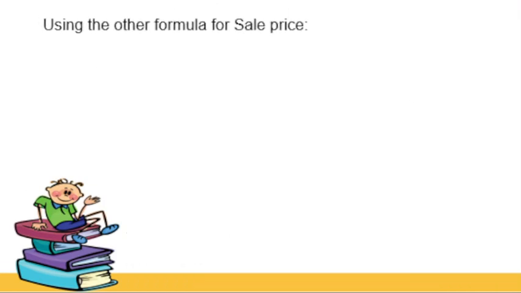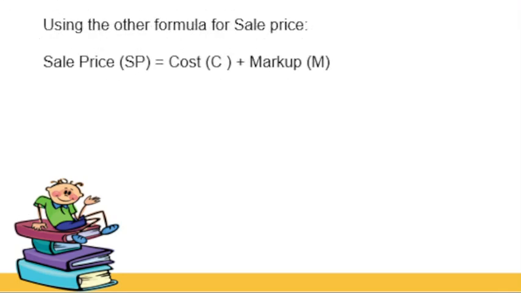Okay, so this time using the formula of sale price, so we can get now the selling price of the plastic bottle. So that is the SP is equals to C plus M, the cost plus M. So how much is the cost? So that is 50 pesos, and the markup is 4 pesos and 50 cents.